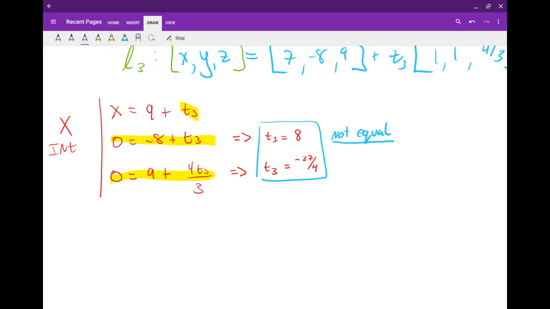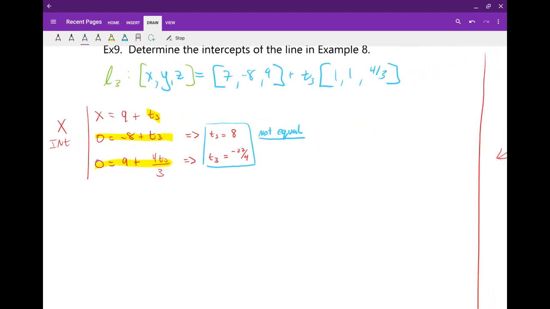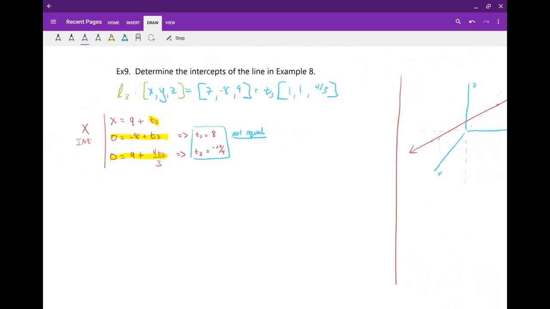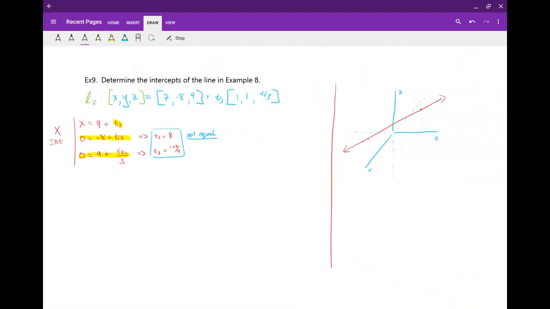Well, basically what you're saying here is, let's go back to our diagram, in order for me to have an x-intercept, the y-coordinate and the z-coordinate must be 0 at the same time, okay? At the same time.